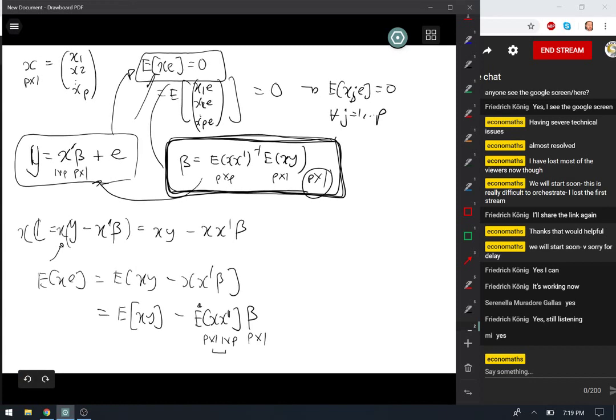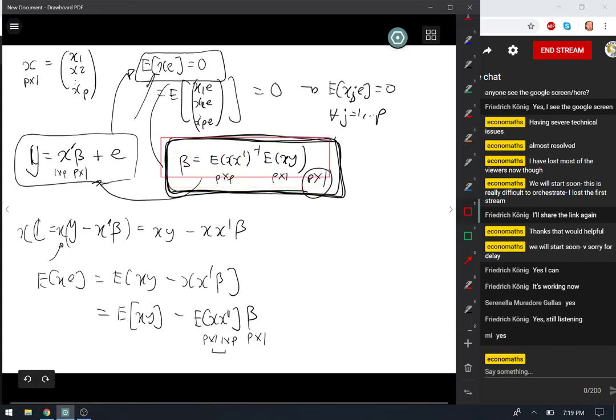Then we've got to show that this is naught, and you can see straight off, once you plug this in, you're going to get naught. So plug it in, evaluate it now at the projection coefficient. We're going to get E of xy minus E of x x dash, and then again we plug in the projection coefficient, and you can see now what's going on.